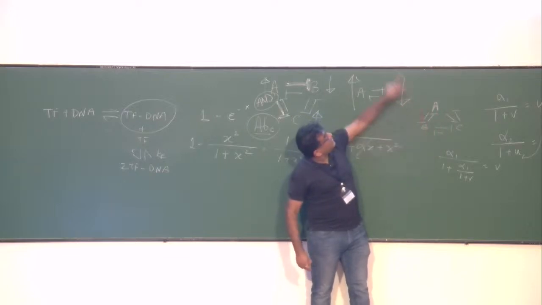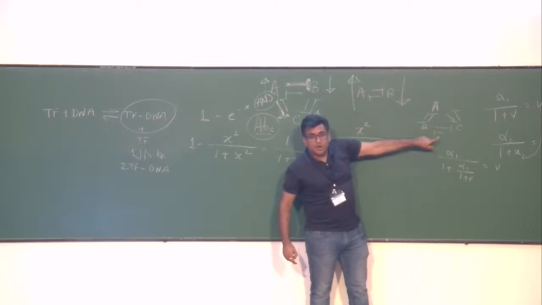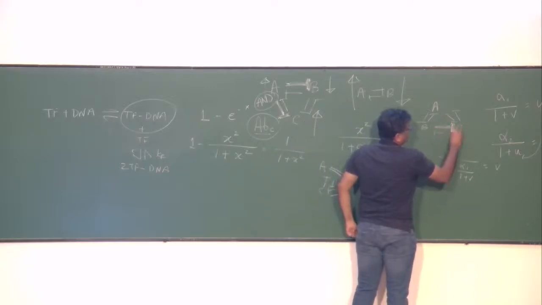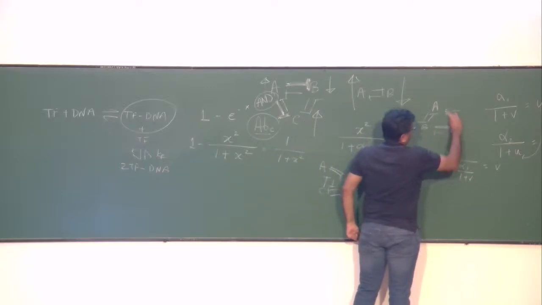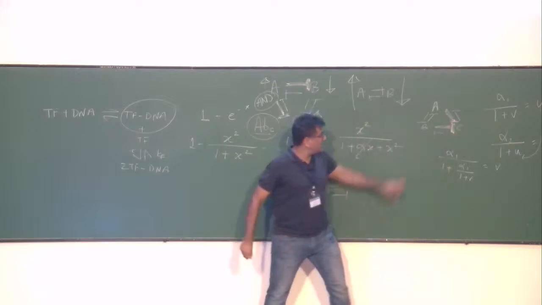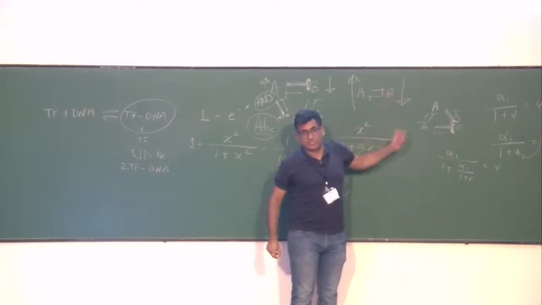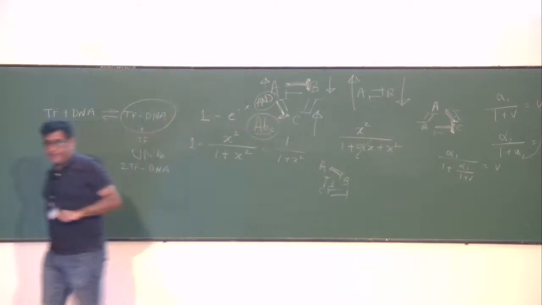But C, the poor guy, is being low in both cases. So this has to be strong, and this has to be strong as compared to this. You can only compare in pairwise. You can't compare across pairs, right?